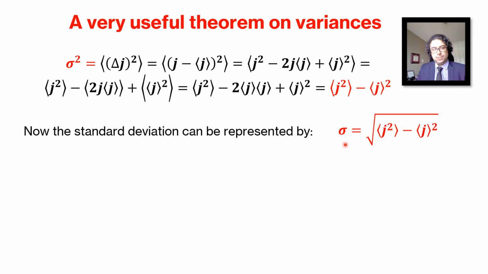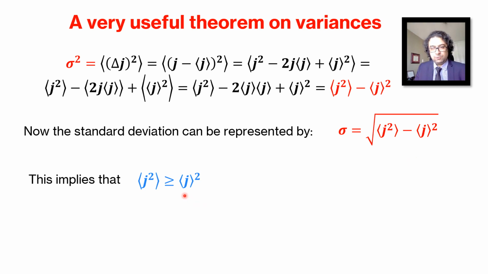So the standard deviation can be now represented as the square root of the average of the squares minus the squares of the averages. Okay, now as you can see, the square root, whatever's underneath it, must be a non-negative number, and that's why the average of the square must be always greater than or equal to the square of the averages.